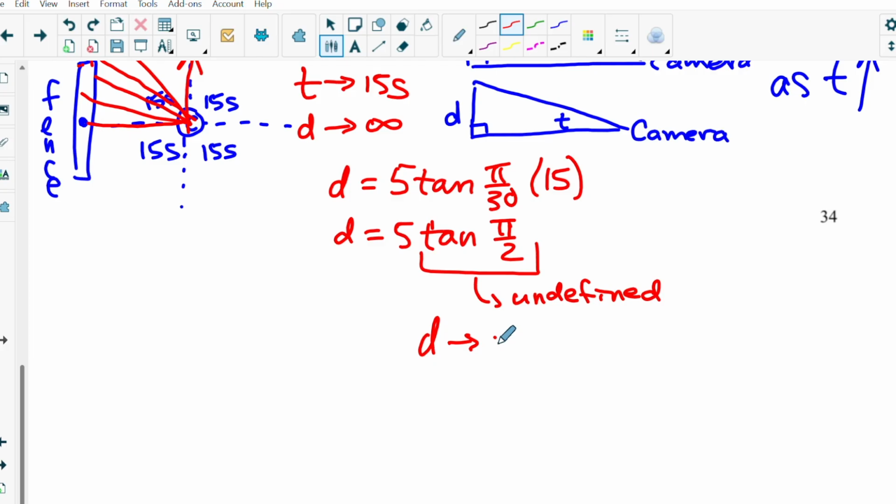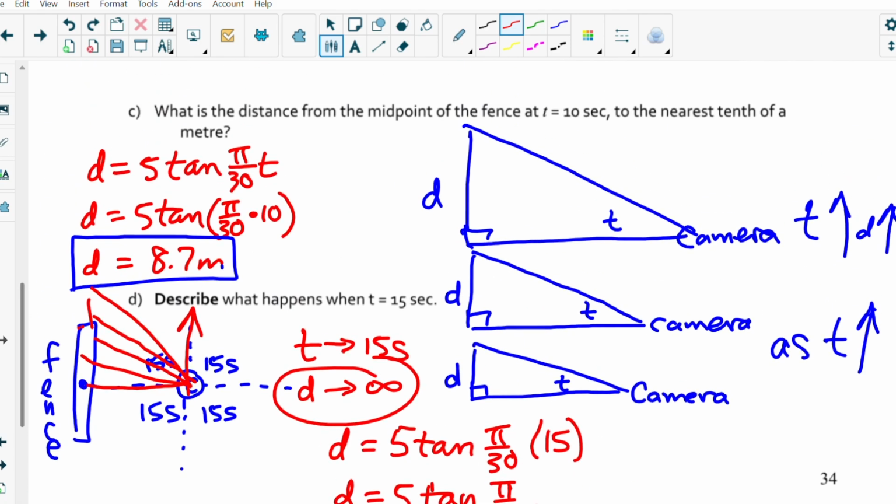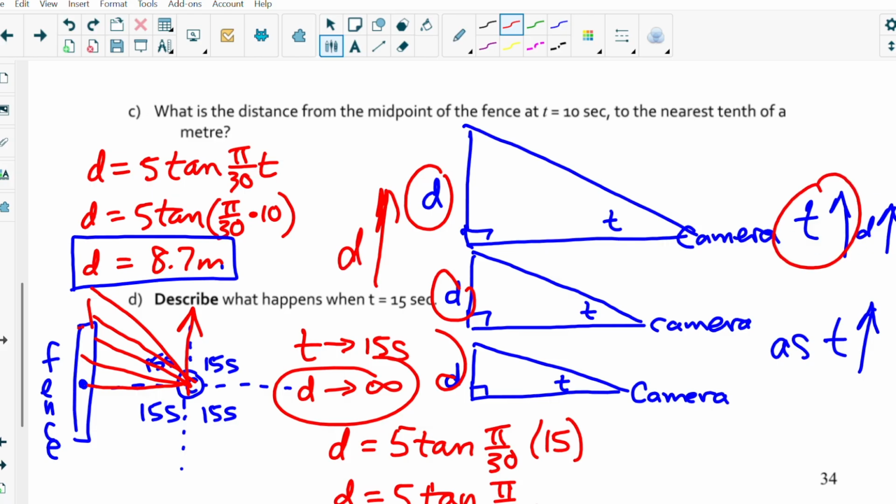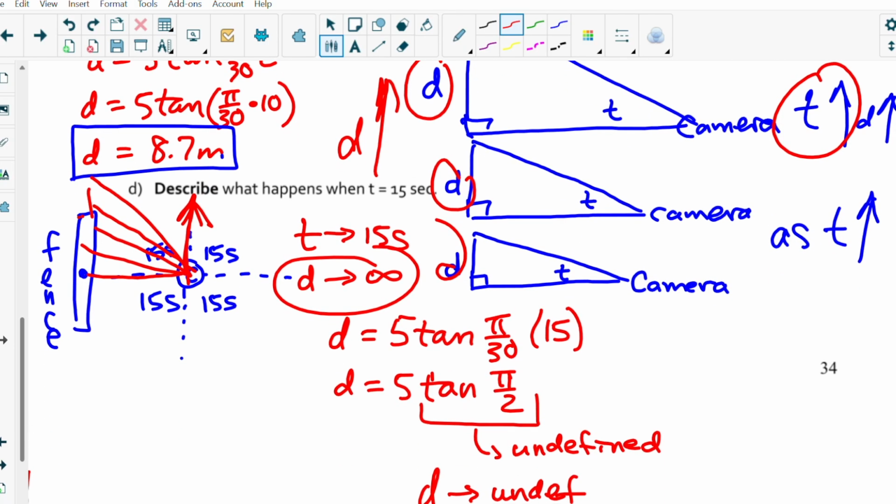So therefore my D value is undefined as well. We can see physically why, because D gets bigger and bigger as t goes up. When we point this way exactly at 15 seconds, we're going to have an infinite value, or the d value doesn't exist.